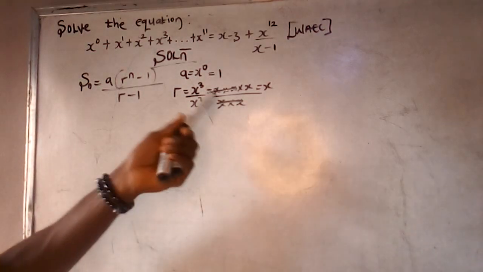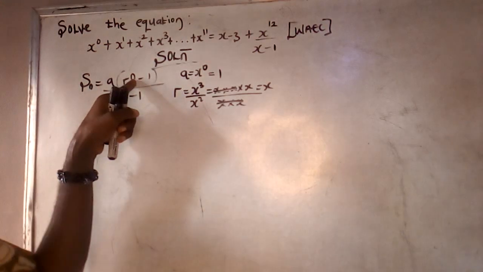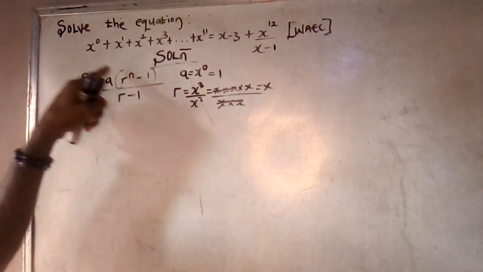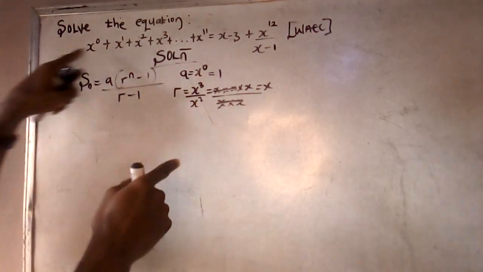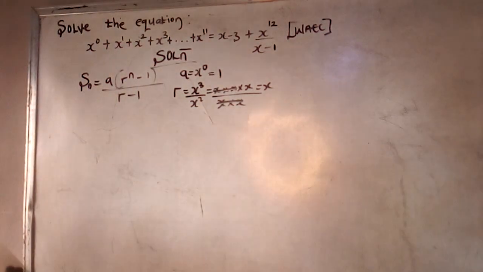So since we are done, let's substitute this in the formula. The n signifies the number of terms. Look at 1, 2, 3, 4. If you want to count, it will be up to 12. From here to here is 12. So let's continue.